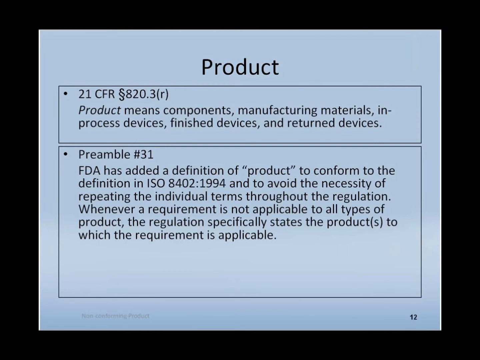Now we're talking about non-conforming products. So what is a product? Components, manufacturing materials, in-process devices, finished devices, and return devices. Now, FDA has added the definition of product to conform with ISO 8402. This was the dictionary at the time. It's been subsequently replaced by a couple of versions of ISO 9000.